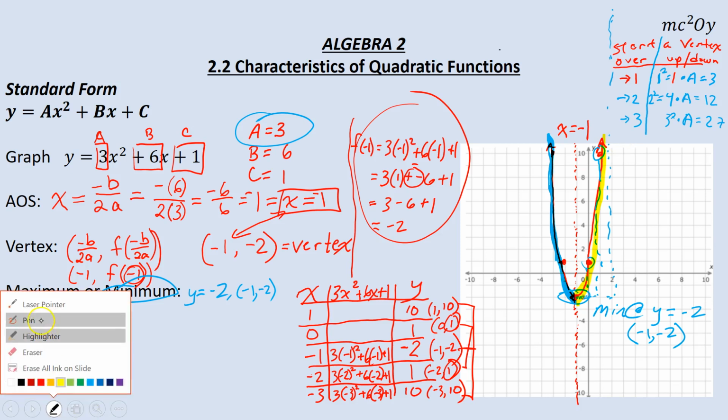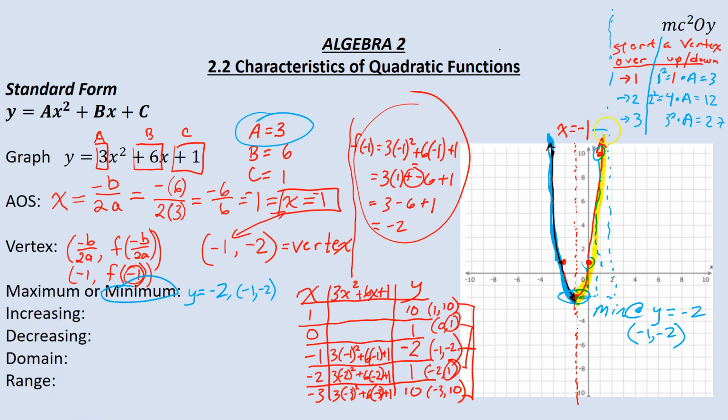So my graph is increasing to the right of -1. It's increasing when x is greater than -1, and it's decreasing, going downhill, when x is smaller than -1. So you use the x value of your vertex to help you figure that out.